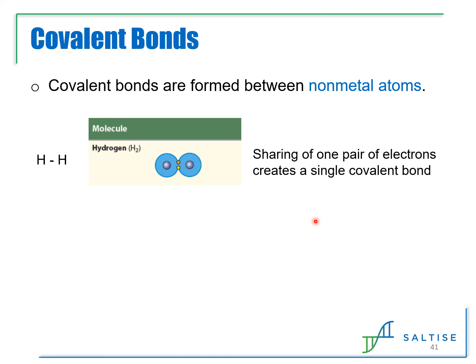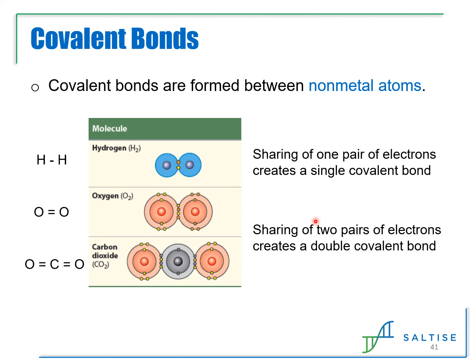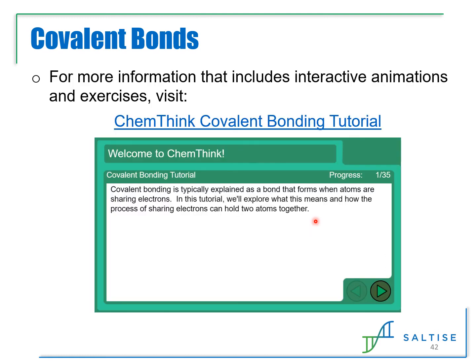Now, a molecule can also have more than one element. Carbon dioxide is formed from a carbon atom sharing 4 pairs of electrons with 2 oxygen atoms. And so the atoms are held together with 2 double covalent bonds. For more information on covalent bonds, including interactive animations and exercises, check out the following tutorial.